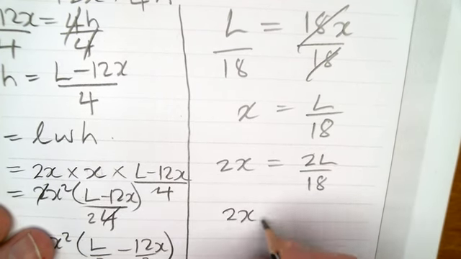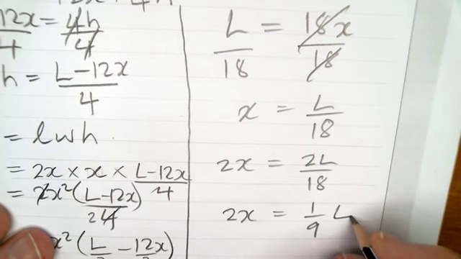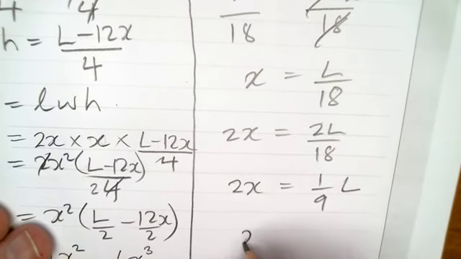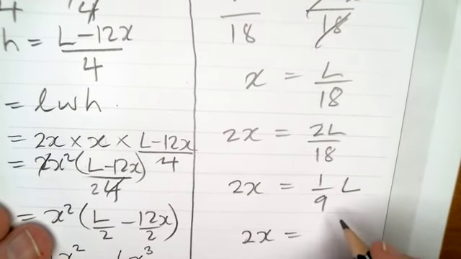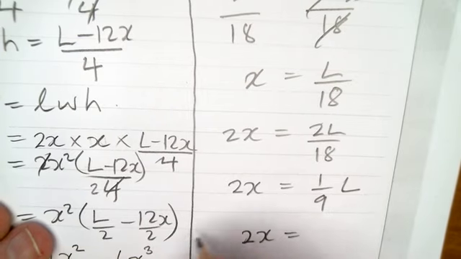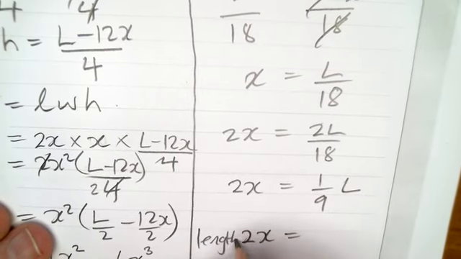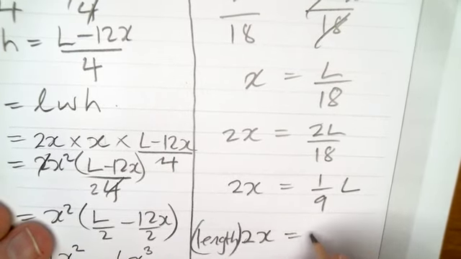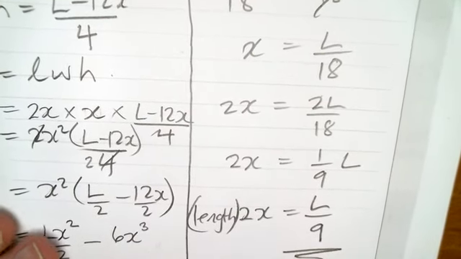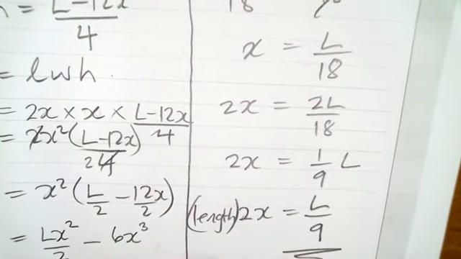So 2x is equal to 1 on 9 L. So 2x, the length, is equal to L on 9, and that's what we're trying to show.